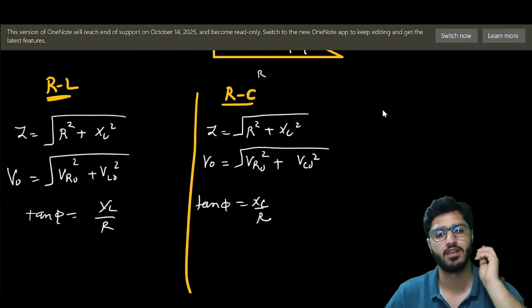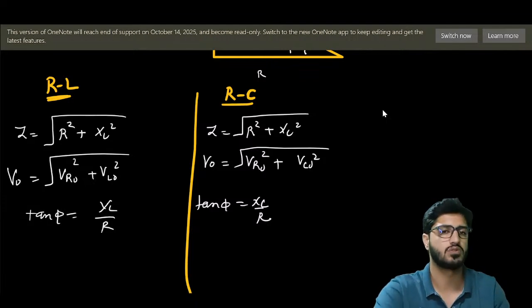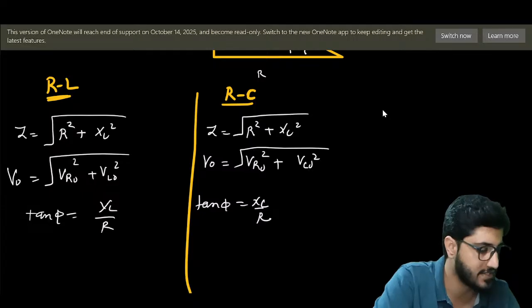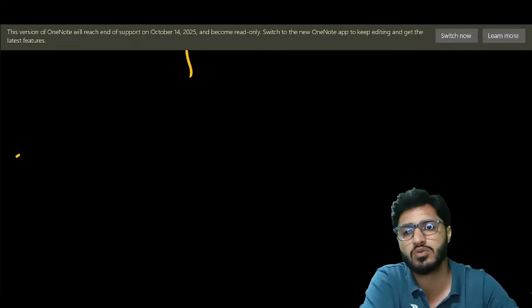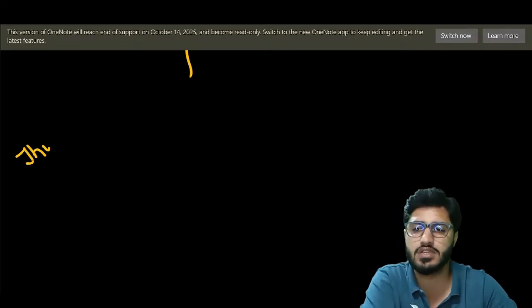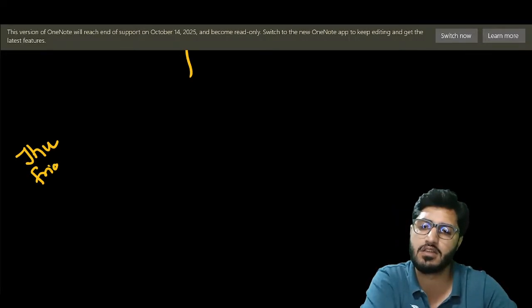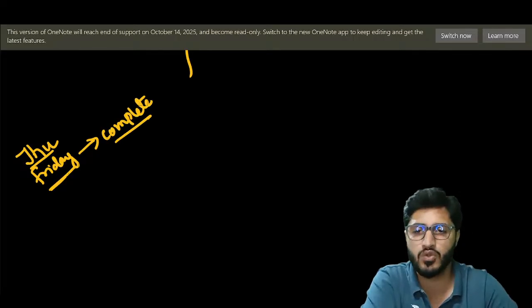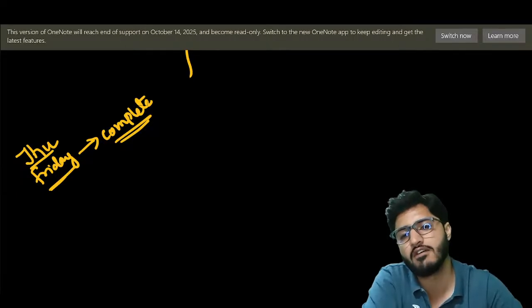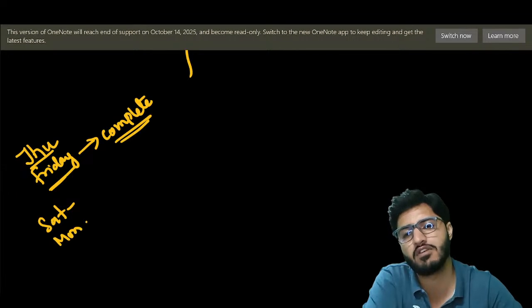Today is Wednesday, tomorrow is Thursday, then we have Friday. I will try to complete the whole chapter on Friday. From Saturday or from Monday we will start EM waves.